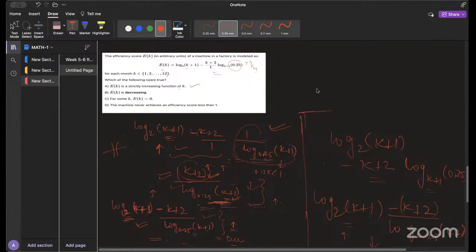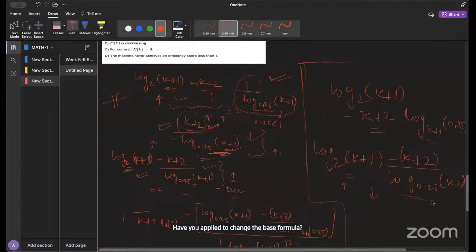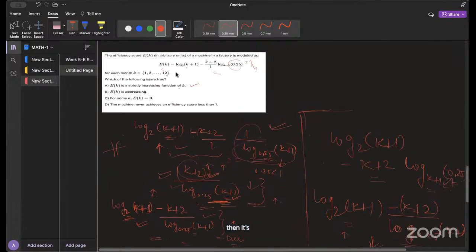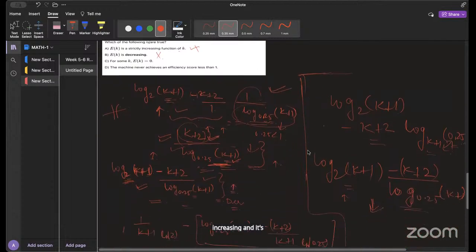Ma'am, at the last, have you applied the change of base formula? Yes, we interchange these two. But it's not working. I think then it's neither of these two. It's not increasing and it's not decreasing either.